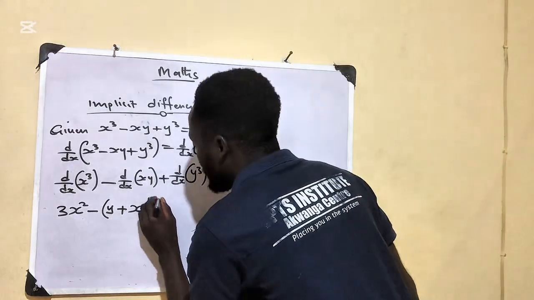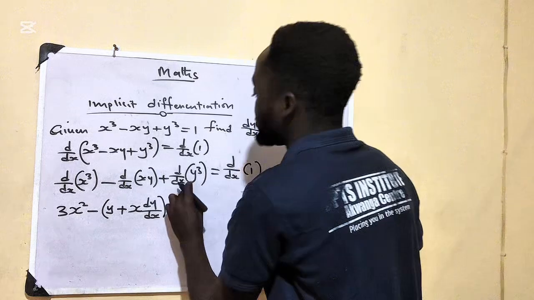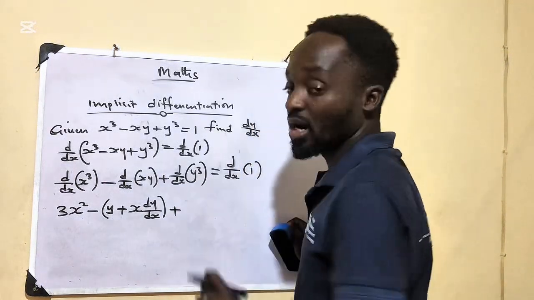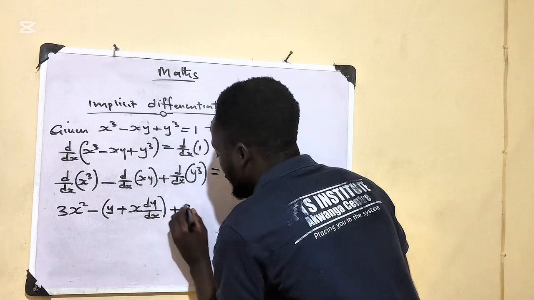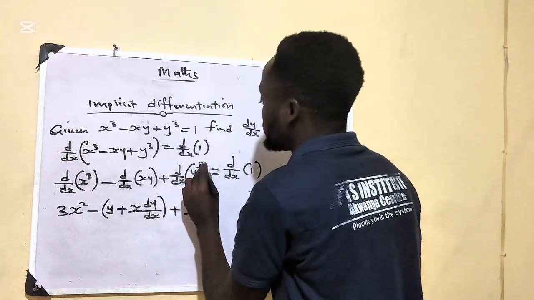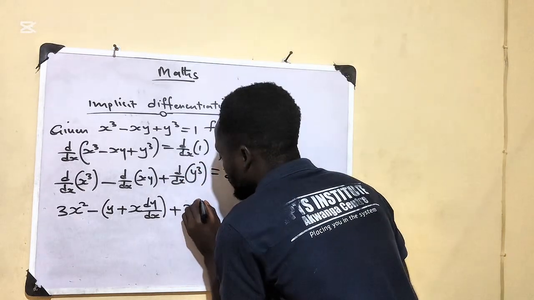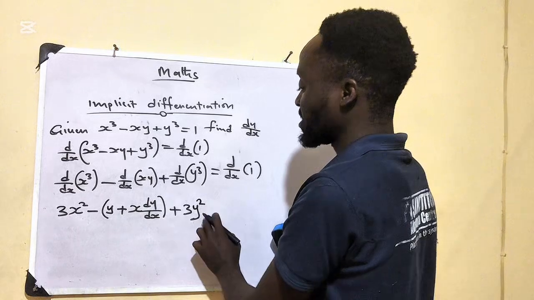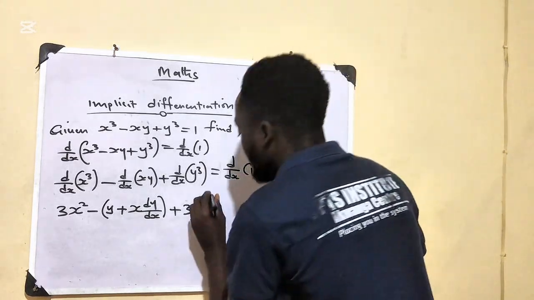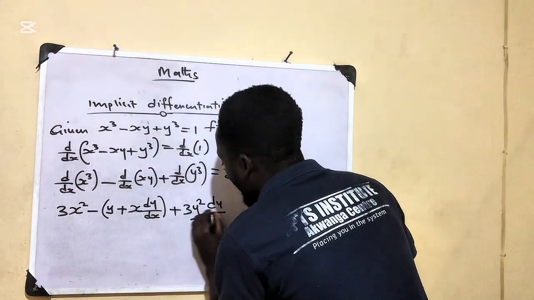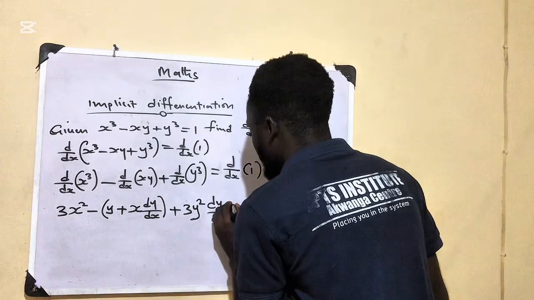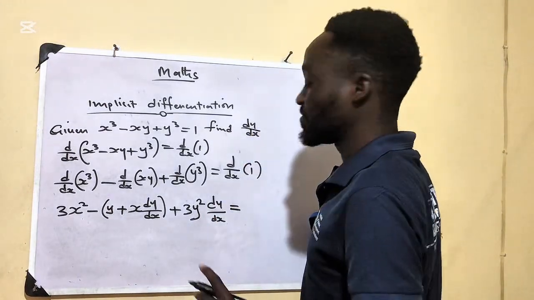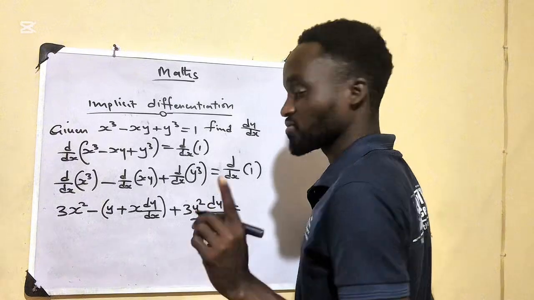So from here I will now close the bracket, plus I will now move to this one. So now we have y to the power of 3 again. If we differentiate this one, we'll bring down 3, then we'll write y and subtract 1 from the power, which will become 2. But now because we differentiated a y variable, we will write dy/dx just like the way we did here, okay? So it's equal to, now we are going to differentiate 1. If you differentiate 1, it's going to become 0 because 1 is a constant.